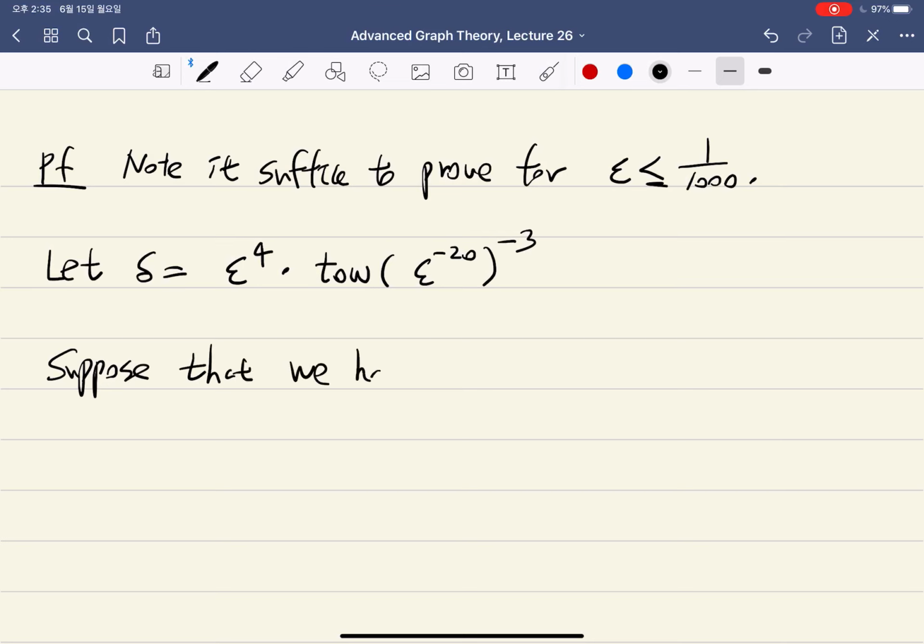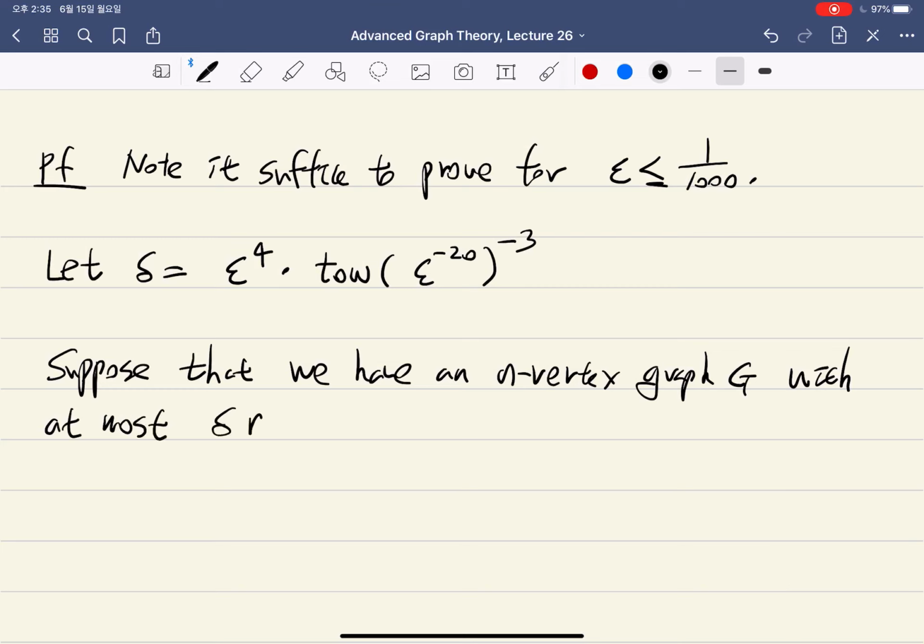Suppose that we have an n vertex graph G with at most delta times n cubed triangles.